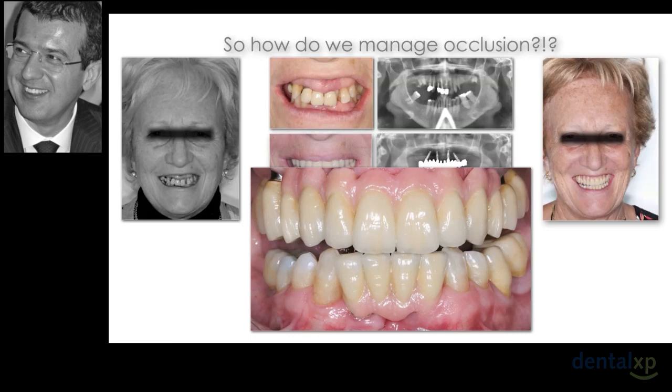We have to test the way our changes in vertical dimension are working. We have to rebuild guidance, disclusion. We have to rebuild everything, and we are doing that choosing the proper instruments, working with occlusal schemes we have been working with for years in conventional restoration on teeth.